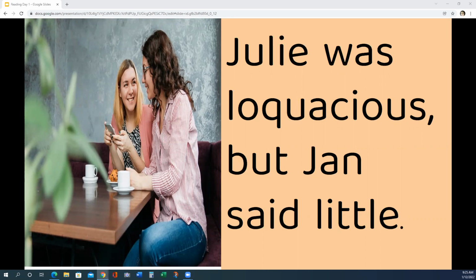So if you have Julie that's loquacious but Jan said little, which they're indicating an opposite, loquacious would mean talkative, right? She likes to talk a lot, but Jan is quiet. Jan said little. So that's another example of using an opposite to give you the definition of something.